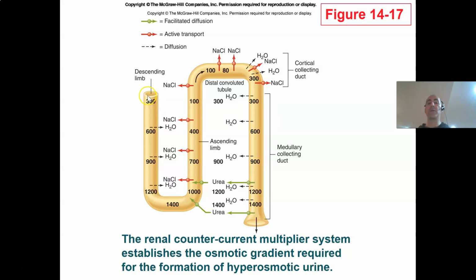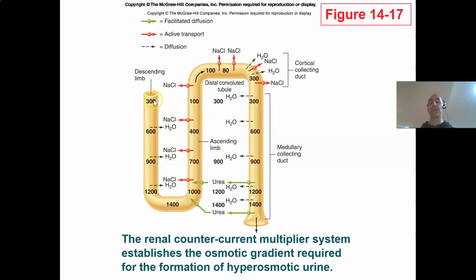And so the osmolarity at the proximal tubule, the beginning of the descending limb, is about 300, which is roughly the osmolarity of arterial blood.